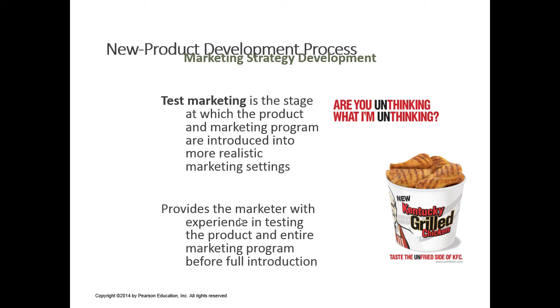Okay. And so once we do the test marketing, and we got to figure out exactly how and where we go to do our test marketing, there are several cities and states around the country that are considered to be a microcosm of the entire country. For example, Columbus, Ohio is a marketplace that is deemed by many, many marketers to be a prime place to go in and test market.